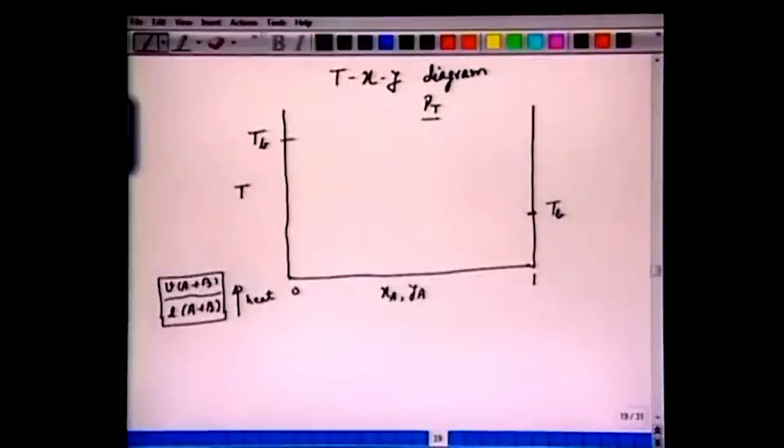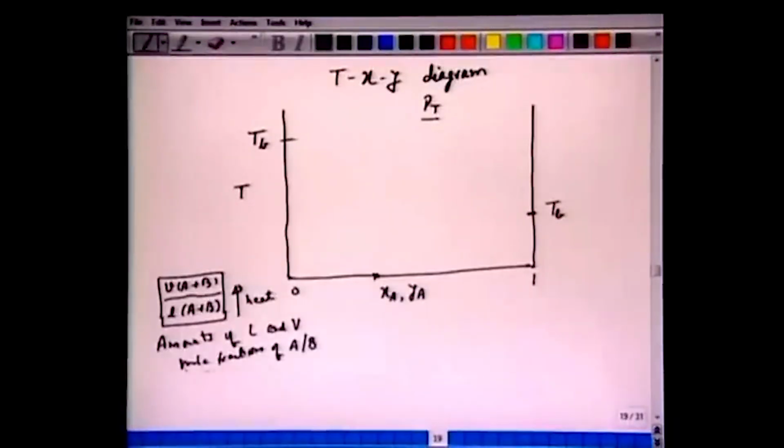When we have the binary component of A plus B, then we start with certain mole fractions and heat this system. One can do this experiment, and one can monitor the amounts of liquid and vapor and the compositions, mole fractions of A or B in the two phases.